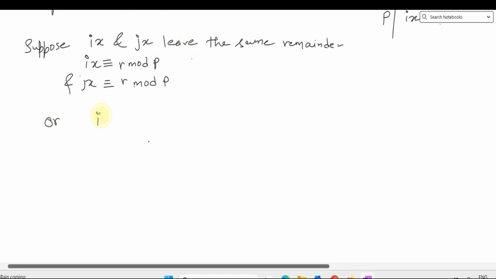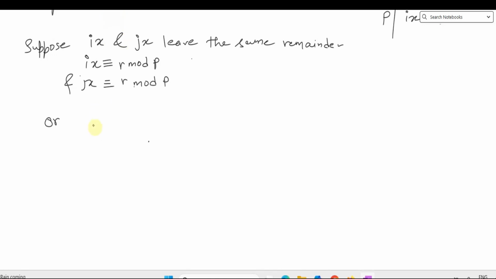Or I can say ix equals p k1 plus r and jx equals p k2 plus r, for some k1, k2 belonging to the integers.